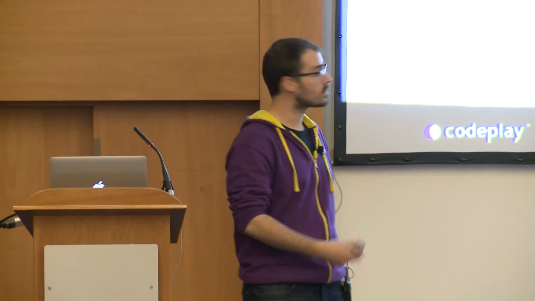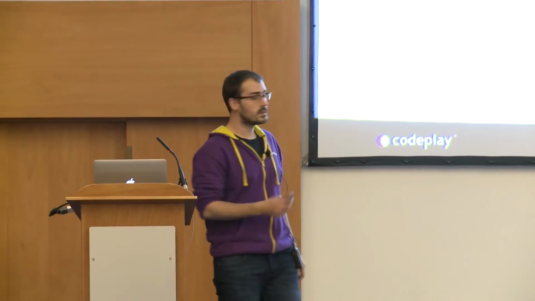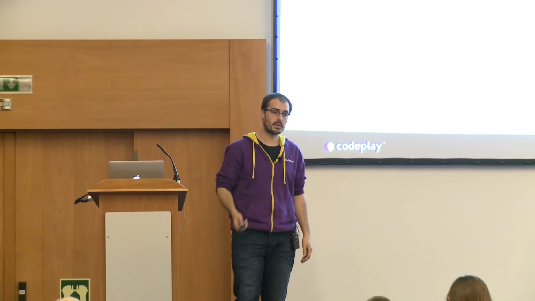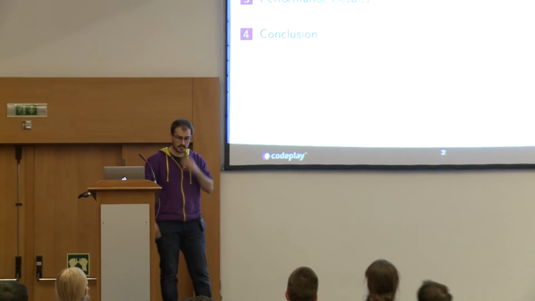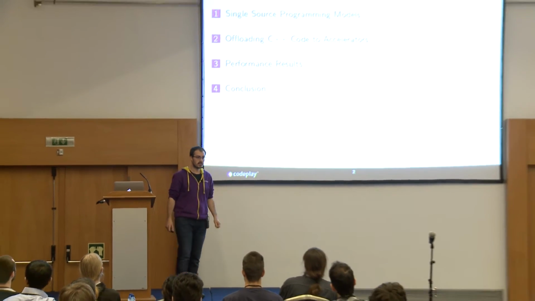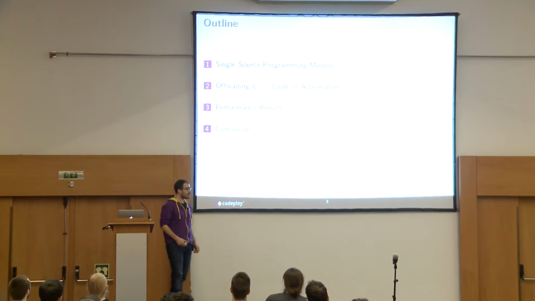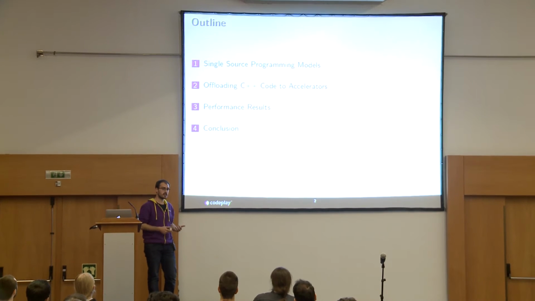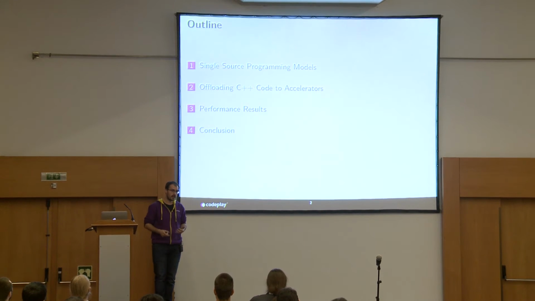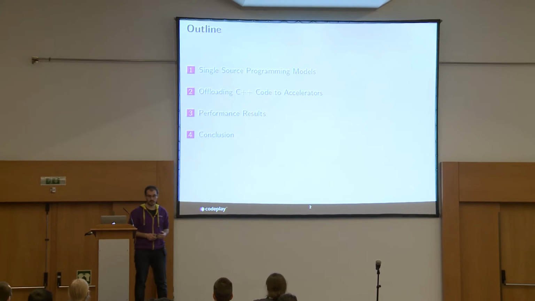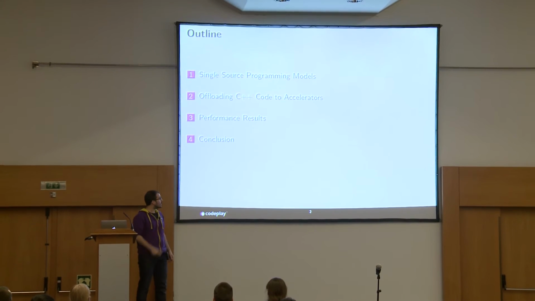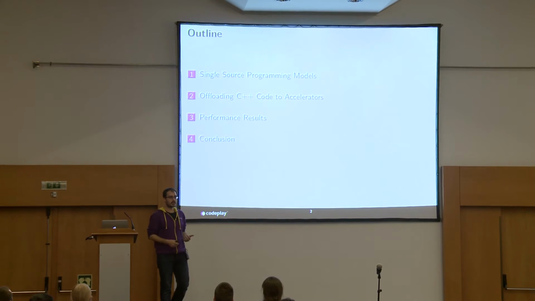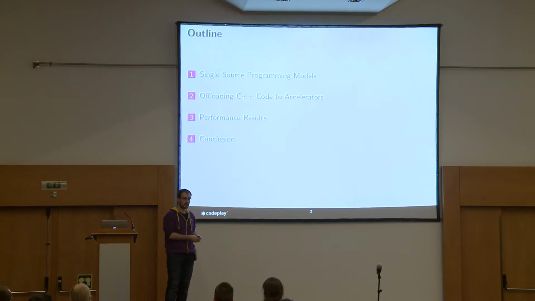So, just an outline for the presentation. I will first introduce the single source programming models that we use. There are two of them, SYCL and the C++ frontend for HSA. I will try to show you what kind of challenge this actually brings to the compiler and the way we want to handle it. Then I will present the core technology that we're using to support this.